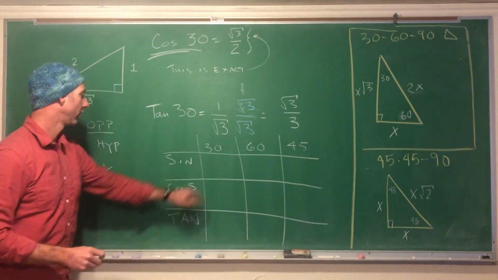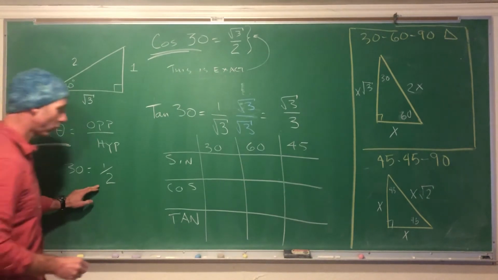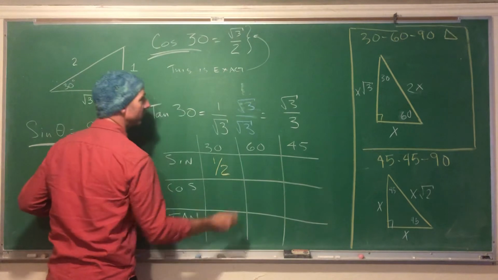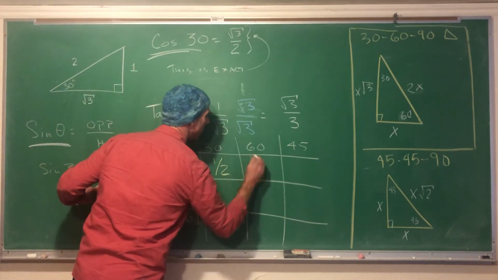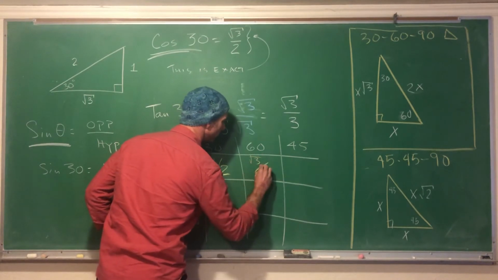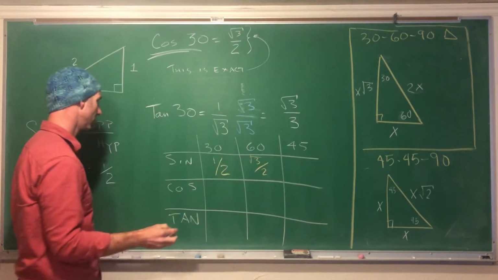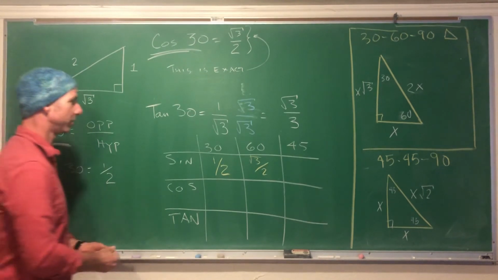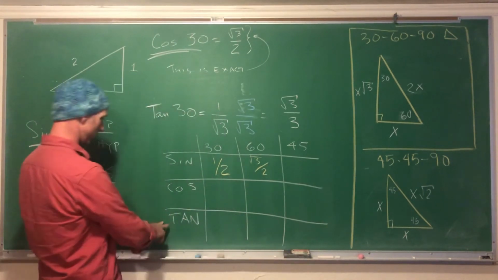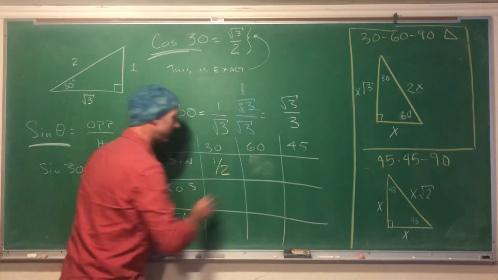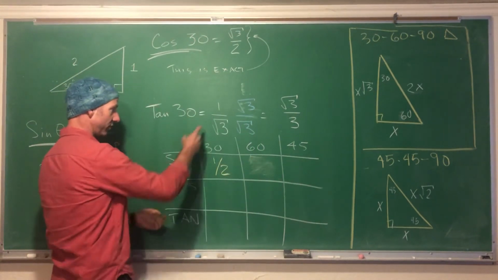So we already did sine of 30, that's 1/2. And then root 3 over 2. Well, we can do it for the other ones up here. Oh, tangent. Oh, shoot. I got that wrong. Sorry, we're on 30.